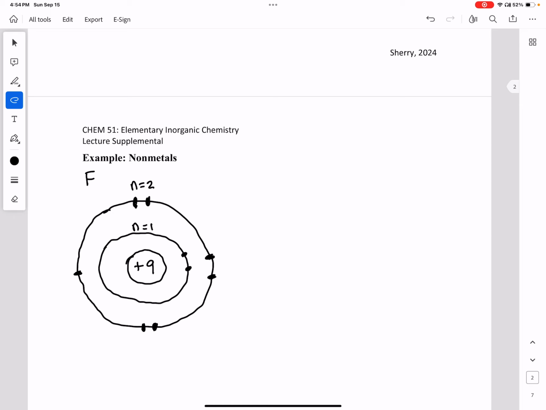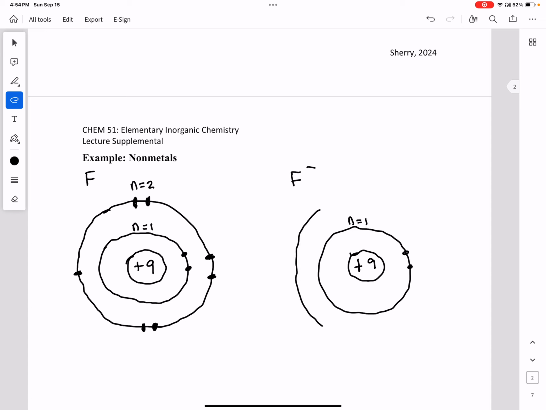Okay. And so what this nonmetal is going to do is it's going to gain an electron. And then it's going to have a full shell.